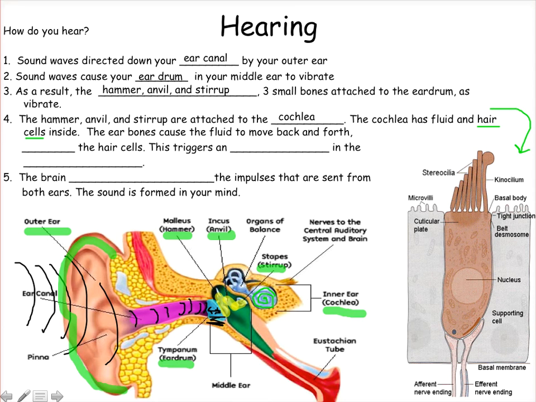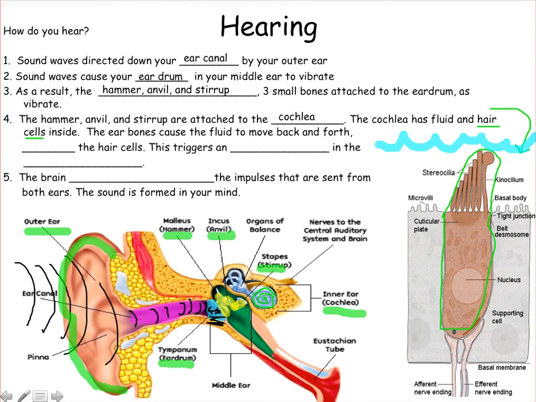In this blown up diagram, this whole thing here is a hair cell. Thousands of these are found inside the cochlea. And the other thing, along with the hair cells inside the cochlea, is fluid. So that's what this blue is supposed to be here. These hair cells are bathed in fluid.